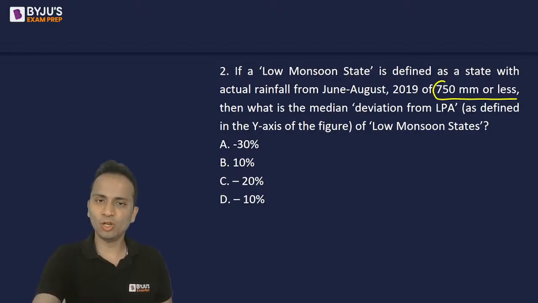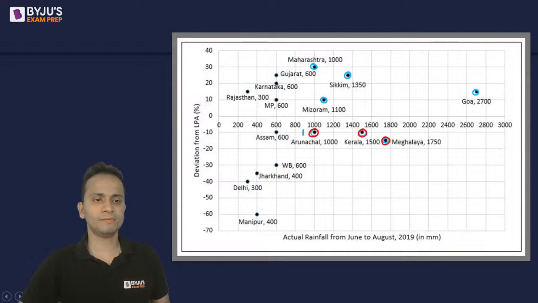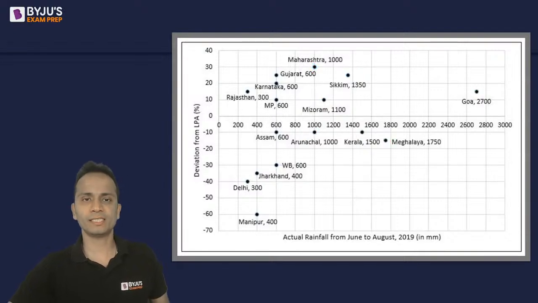Okay? So first let's mark the low monsoon states. 750 or less. So 400 Manipur, Delhi, Jharkhand, West Bengal. I need 750 or less. So Assam, MP, Rajasthan, Kerala, Gujarat, and that's it. Okay. No other. 1, 2, 3, 4, 5, 6, 7, 8, 9.